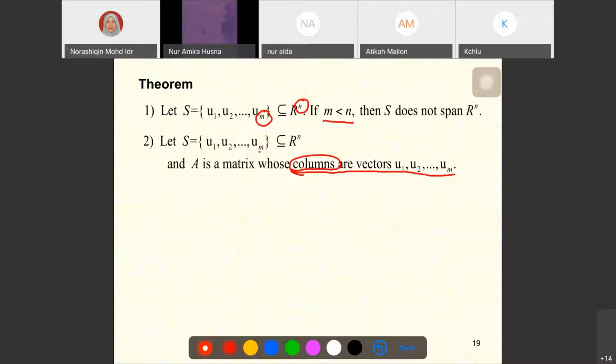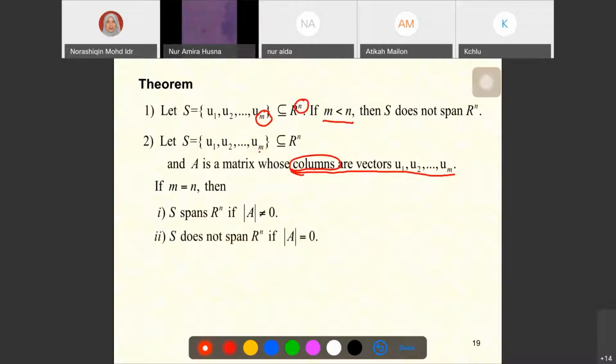If m equals n, then S spans Rn if the determinant of A is not equal to 0. S does not span Rn if the determinant of A is equal to 0.